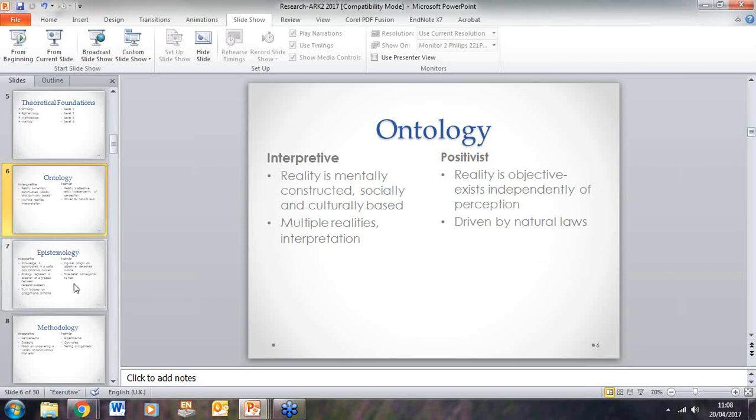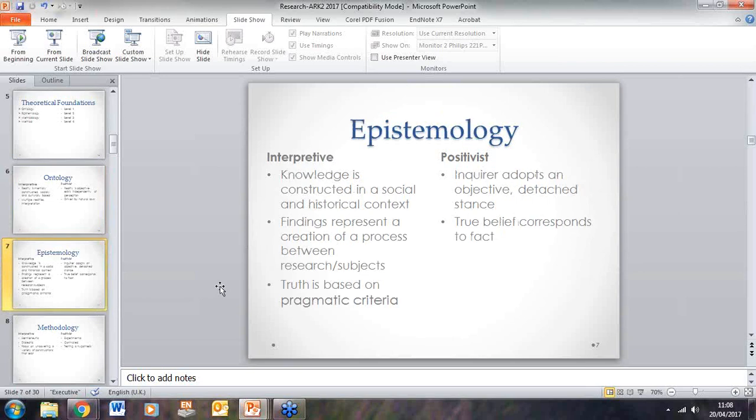No, it's really clear. So we then look at epistemology, and this is where we're looking at how knowledge is acquired and what knowledge is. So if we come from an interpretive stance, we talk about knowledge being socially constructed. So what is appropriate and holds up to scrutiny now is socially and historically constructed, and that findings represent a creation.